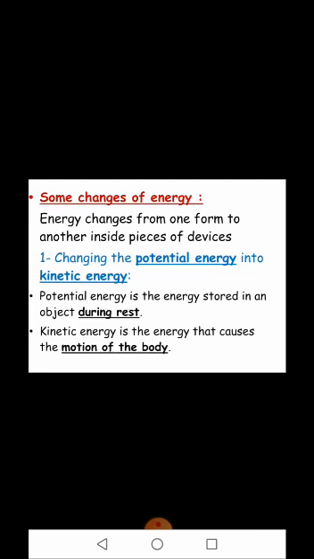Now we will study the changes of energy. Energy can change from one form to another inside pieces of devices. Number one, changing potential energy into kinetic energy. You should know that the potential energy is the energy stored in an object during rest.